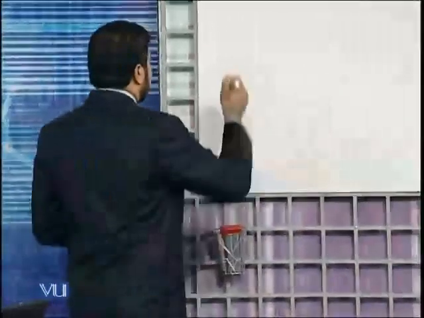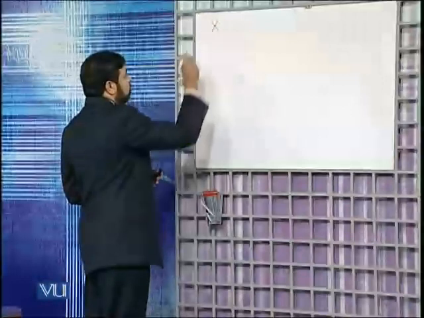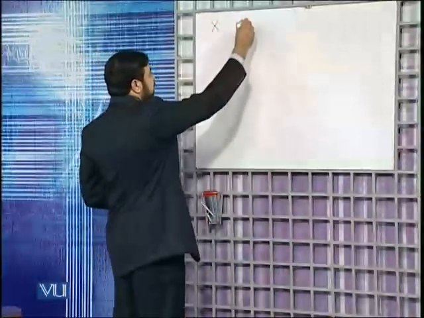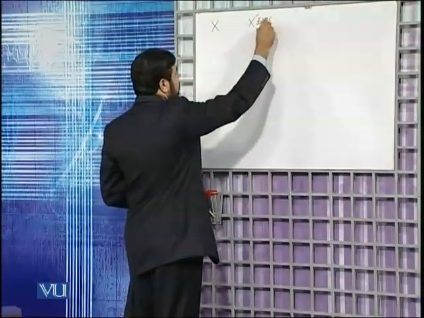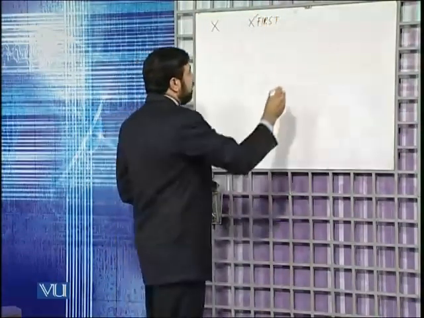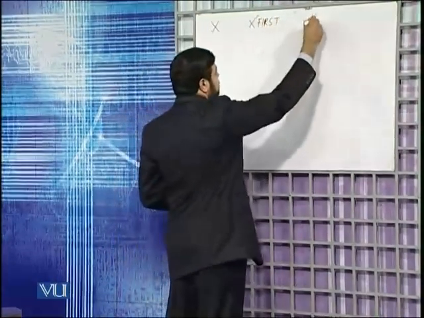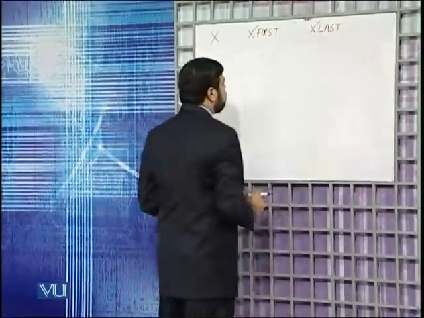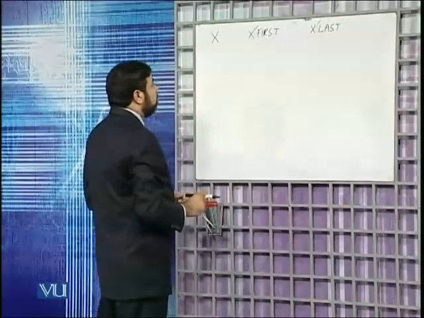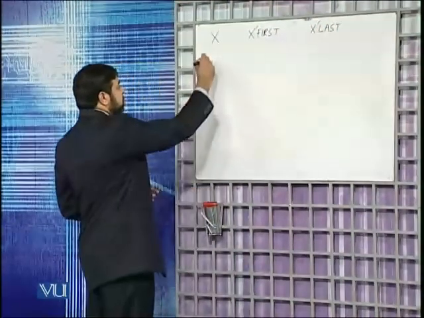So what we have is, we have the array X, the first index, and the last index, we have the precondition.